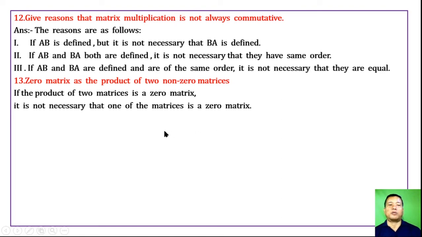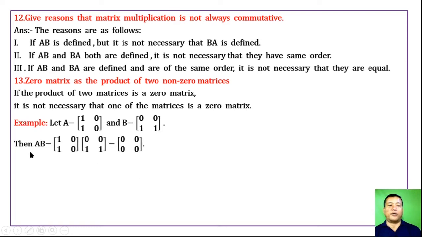Example: let A and B be 2 by 2 matrices, then product AB is the zero matrix. Thus A matrix does not equal the zero matrix, B matrix does not equal the zero matrix, but their product is the zero matrix.